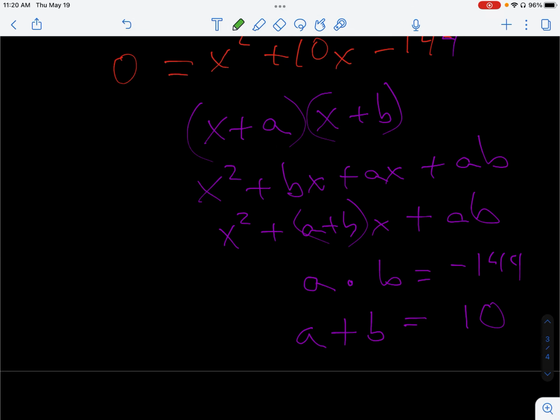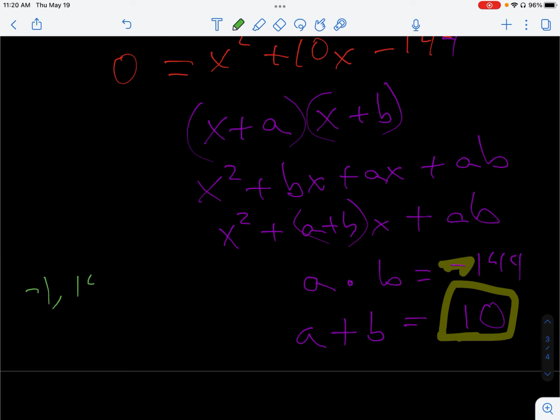Okay, let's go back to green for our factors. So what do we know? We know that we have a negative number here, so one of the factors has to be negative, but they add to 10, so the bigger number is going to be positive. So let's go through the factors of negative 144.